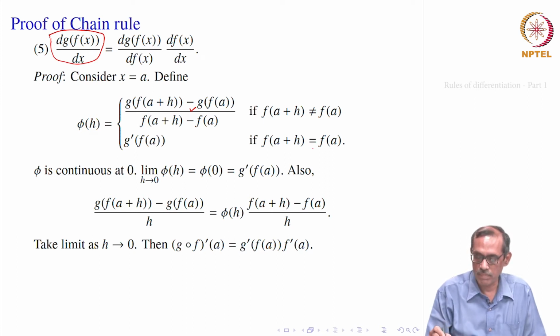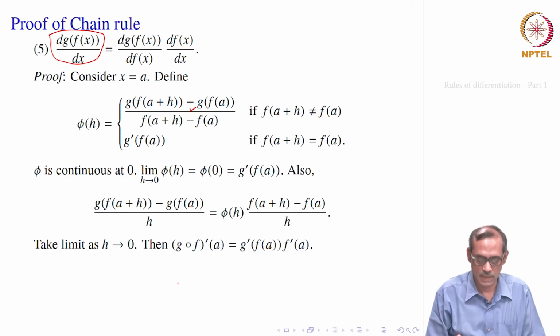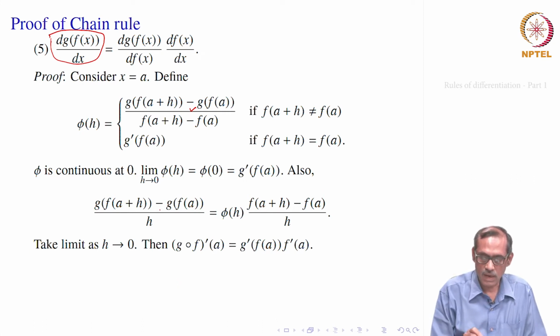If f of a plus h equal to f of a, then the right side becomes 0 and the left side is again 0. So, this formula is true in any case. Now, we are of course interested when h is not equal to 0. In that case you take limit h goes to 0.